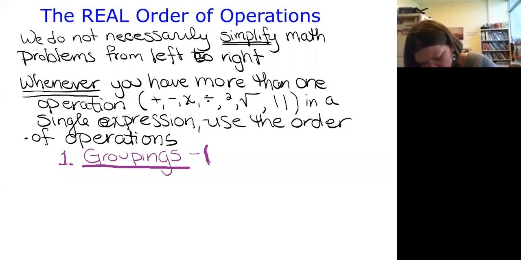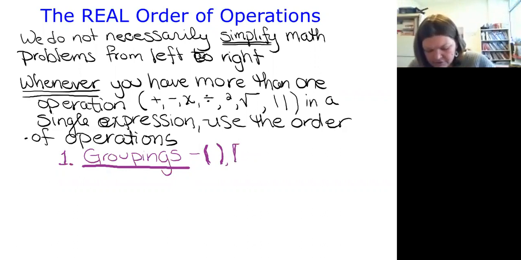Another way you might see things just being grouped in math class is using brackets. There's absolutely no difference really between brackets and parentheses. They do the same kind of math. They're used for grouping. But you could also see things grouped on the inside of anything, really.